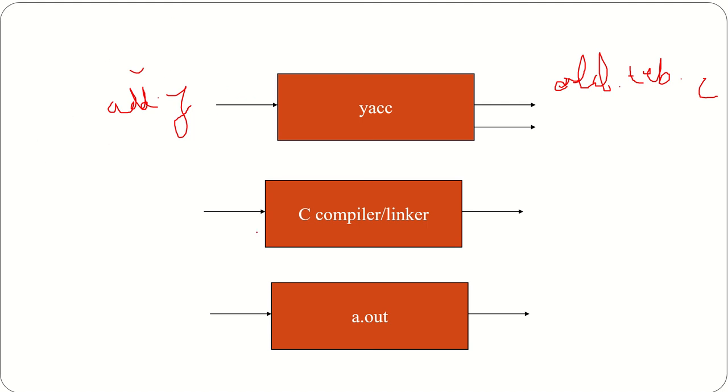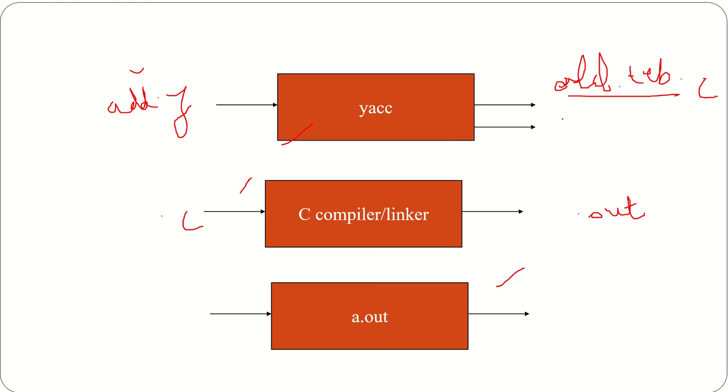You can give this as input to the C compiler. Here .c file will be given and a.out will be generated, which is executable, similar to the Lex a.out file. Here you can give input and it will generate syntax tree.